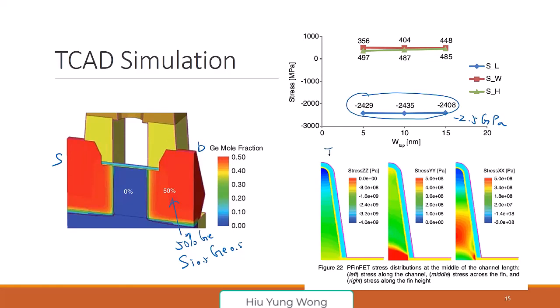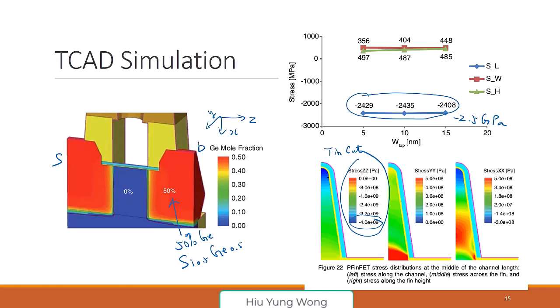This is a fin cut, right? And now you see that this one also has a very huge stress. I believe this is Z, this is X, this is Y. So you see that in the Z direction, I have a lot of huge negative stress, compressive. And this will enhance the performance of the transistor, right?